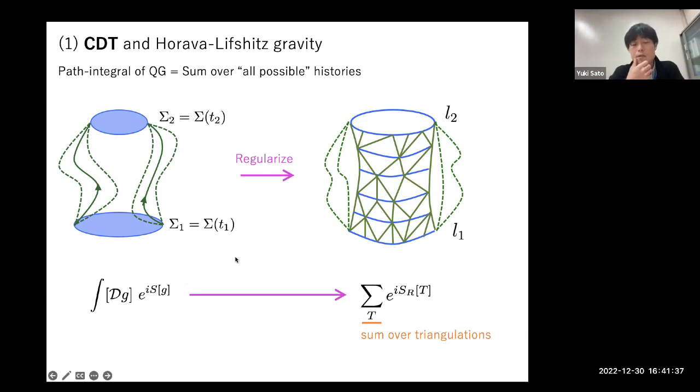In the discrete or regularized setup, we fix the initial and the final boundary lengths, say L1 and L2. So L1 and L2 are the lengths of the boundaries. Under this situation, we take a sum over all possible histories. And this is achieved by the sum over distinct triangulations. A triangulation is the way to glue the triangles. So if you change the triangulations, you can get different geometries.